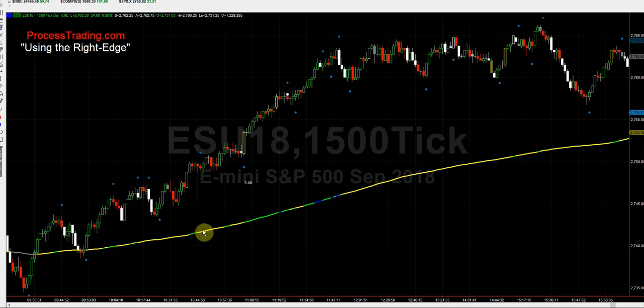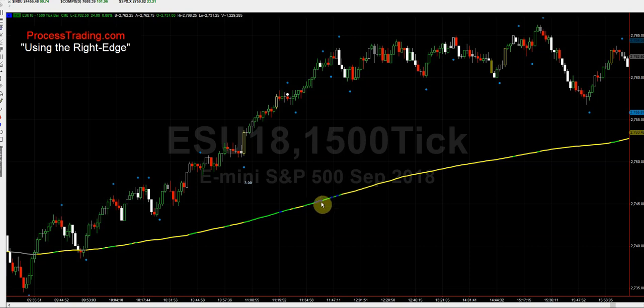And the way that the trend trading works is that when the VWAP here is yellow, this is the interpretation of it. That's a normal trend. When it's green, it says the trend is extended. And when it's blue, it says the trend is overextended.